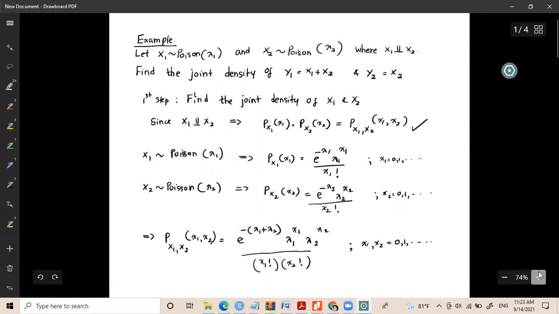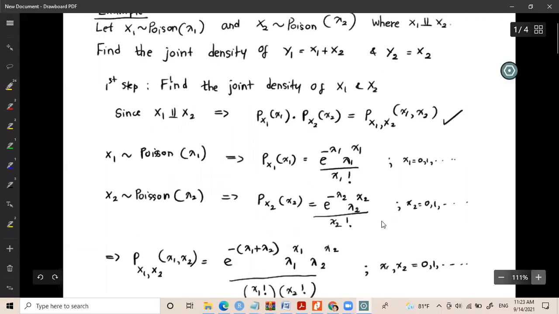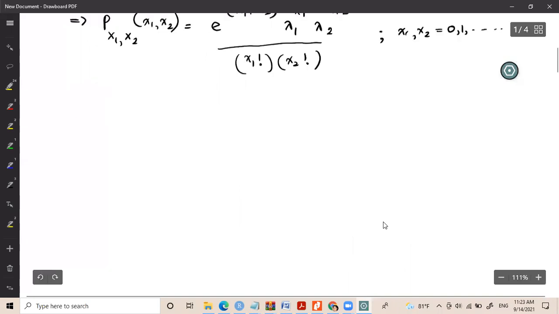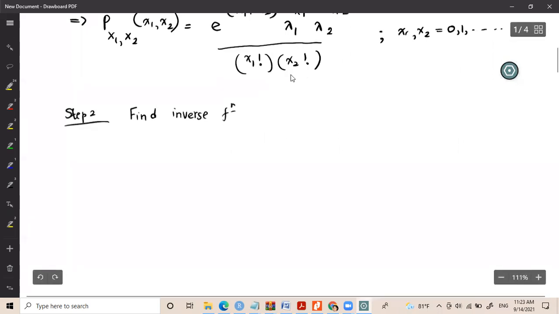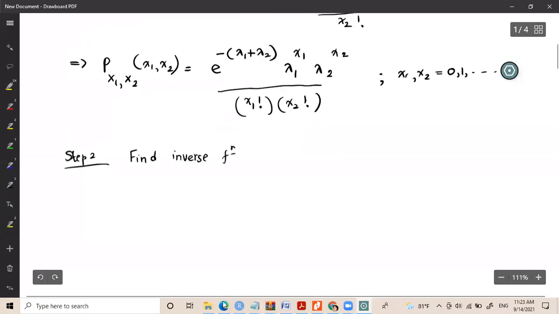Now next is to find the inverse functions, right? Second step, you have to find inverse functions. That means you have to write x1 in terms of y1 and y2 only, and x2 in terms of y1 and y2 only. Then wherever you see x1, x2, you have to replace them with corresponding inverse functions of y1 and y2.